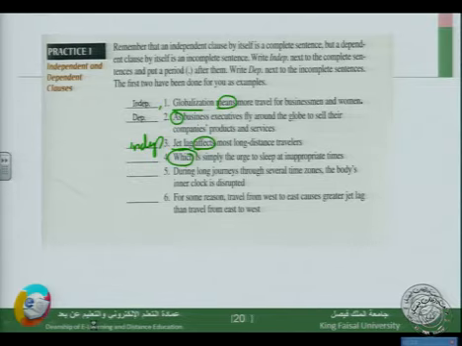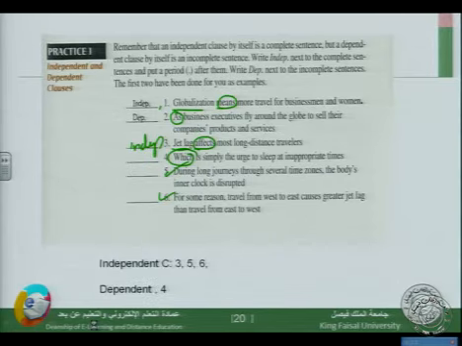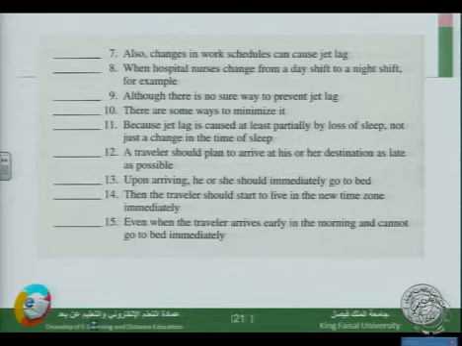Number five, during long journeys through several time zones, the body's inner clock is disrupted. هذه independent. Number six, for some reasons, travel from west to east causes greater jet lag than travel from east to west. So here we also have an independent clause. As you can see, independent are numbers 3, 5, and 6, and dependent is number 4.